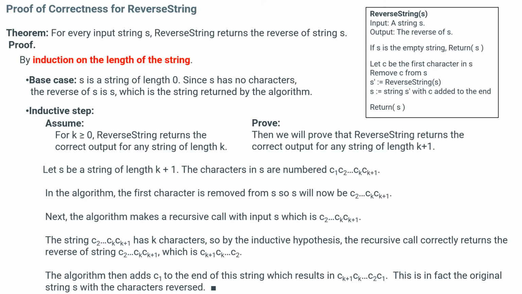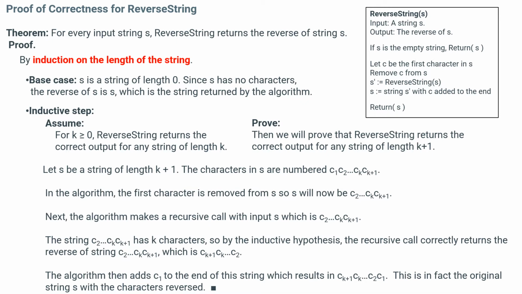We're going to add that to the end of this string, to the right hand side, which would then make this string look like this: C sub k plus 1, C sub k, all the way down to C sub 2, C sub 1. And looking at that, we see that yes, that truly would be the reverse of what we started with.